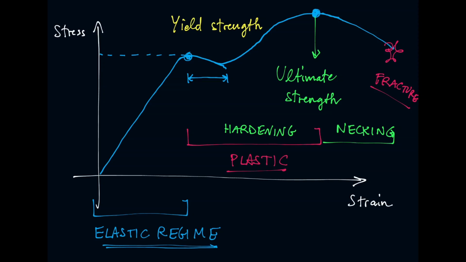At some point, it forms like a really thin neck at a specific point, and that's where it's going to break. So that happens after I've applied a bigger strain, bigger stress than the ultimate strength, and right before fracturing, right before failing or breaking of that material.